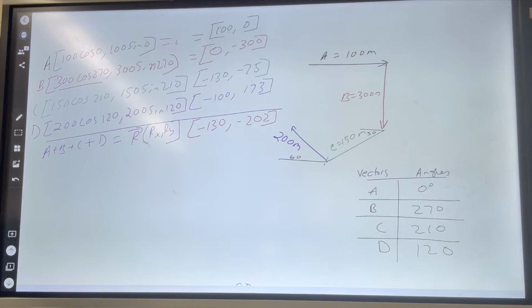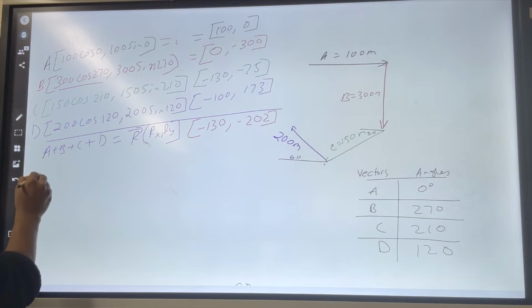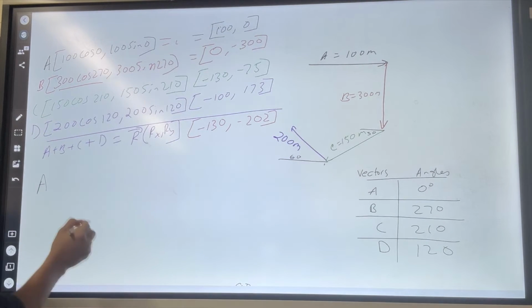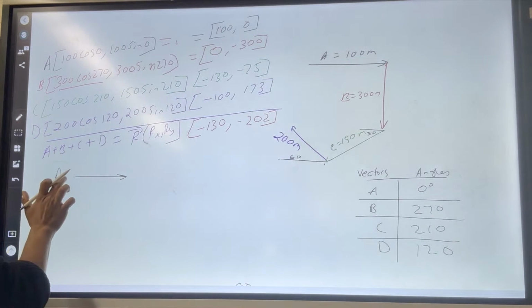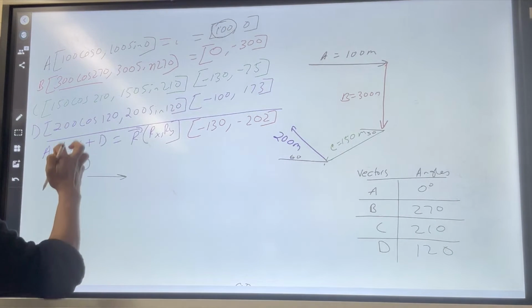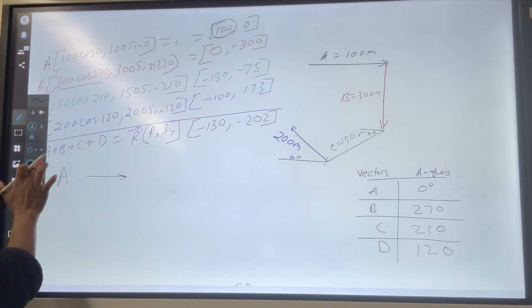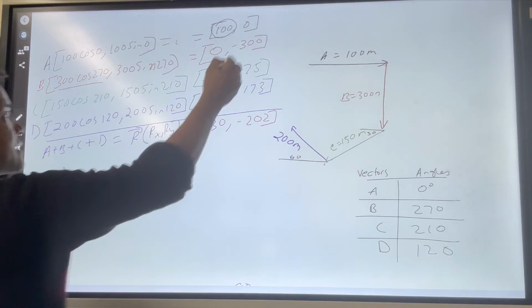So now let's do the vectors geometrically. Vector A is 100. Vector B is negative 300.